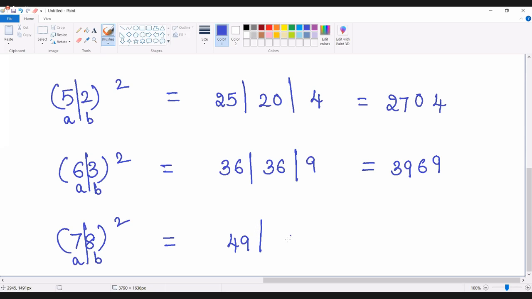78 square. 7 square is 49. 7 8s are 56. Double of 56 is 102. 8 square is 64. Take the last digit that is 4. Send it as carry. Send 10 as carry. This is 59.